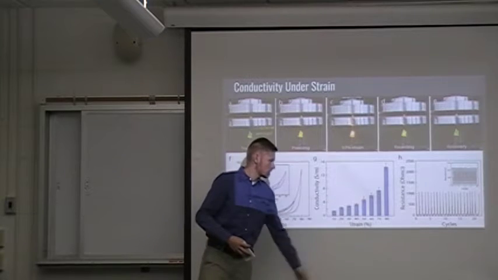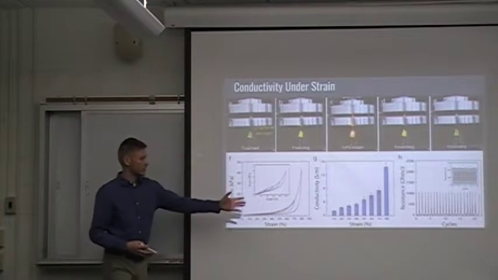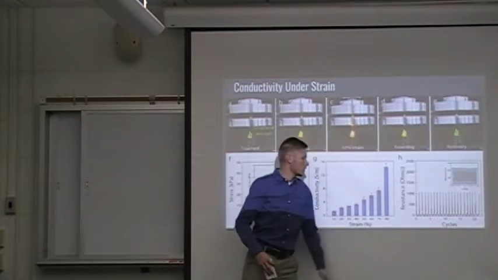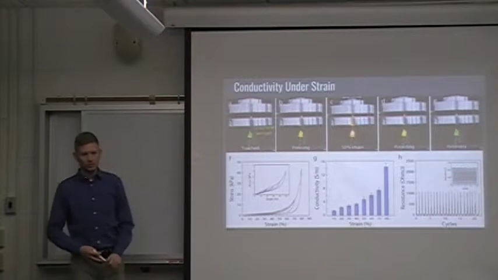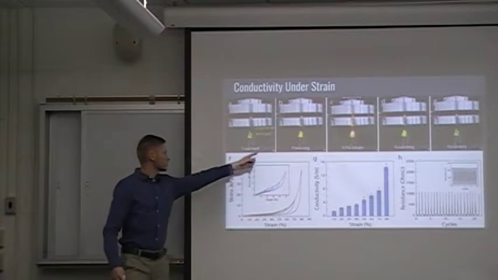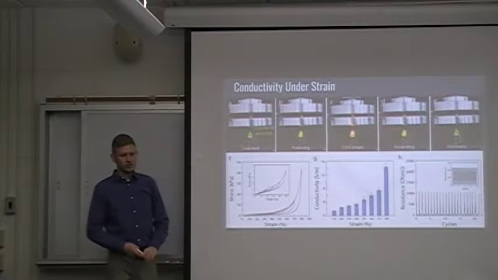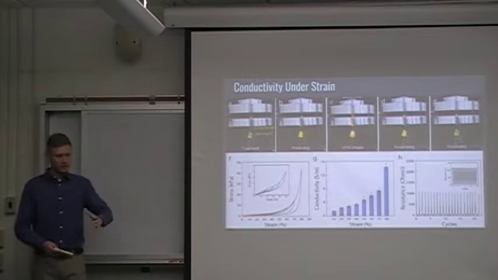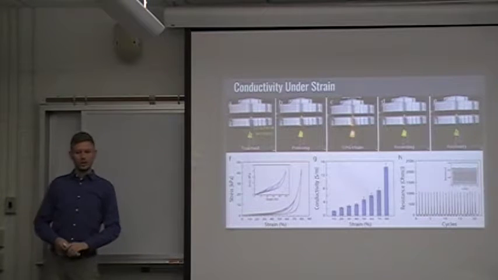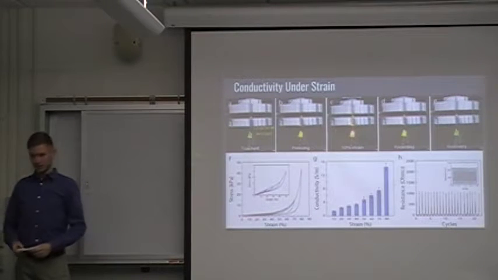And the cycles are suggesting that you have about 1,000 ohms of resistance when they're just touching. But then as it compresses, the resistance goes down, and it is on the level of a room temperature superconductor.